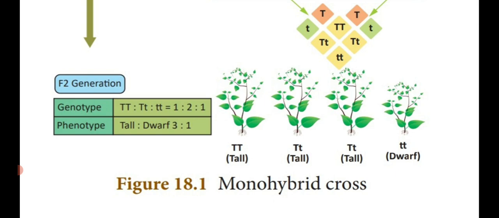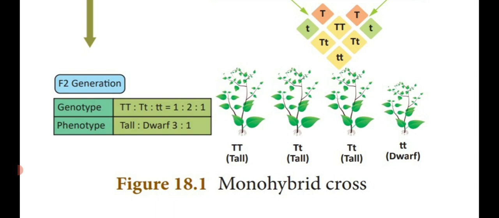But the genotypic ratio may vary. First one is the capital TT, only 1, that is pure breeding tall parental plant. Then in the middle, they are having the heterozygous condition, capital T with a small t, but they are also expressing only the dominant character, that is tall. This is said to be heterozygous tall.